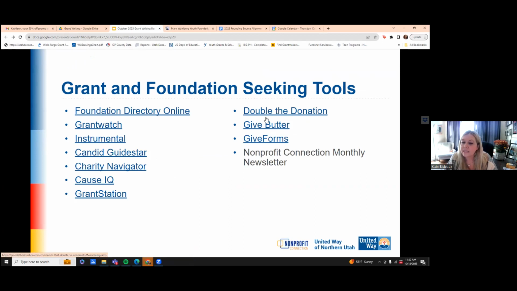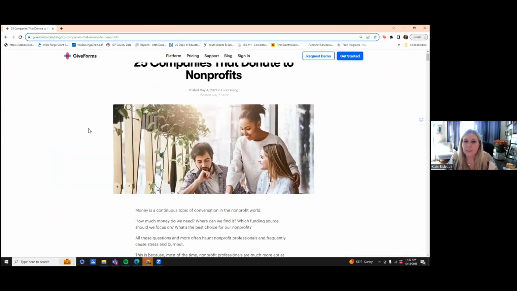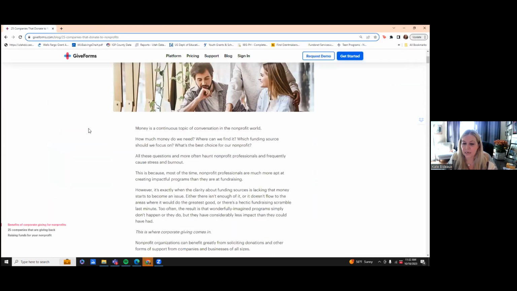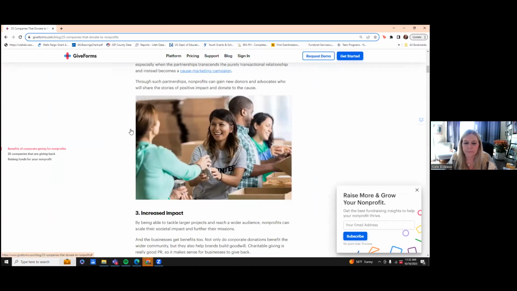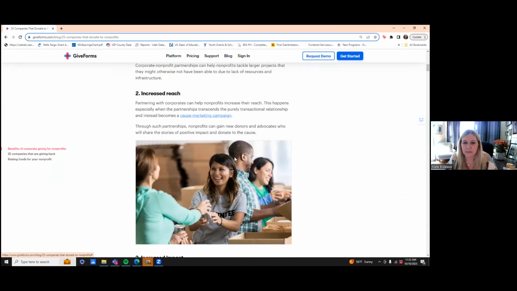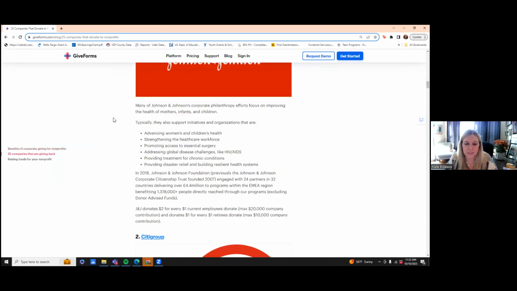On this side, this is kind of cool. This is one of my favorite new ones that I've been looking at. It's on Give Form, but there's Double the Donation. There's a bunch of them. So this one is 25 companies that donate to nonprofits. So if you're looking to find corporate sponsorships, you can look at something like this. And there's a list here, Johnson & Johnson.